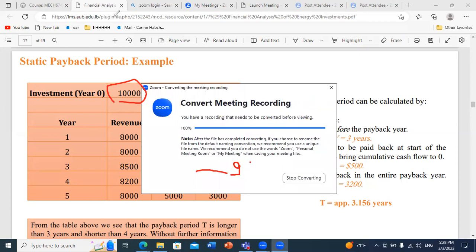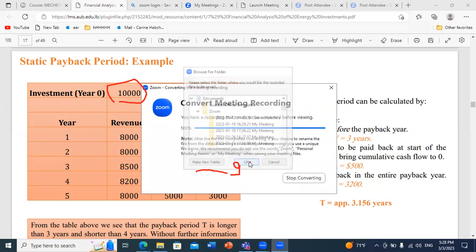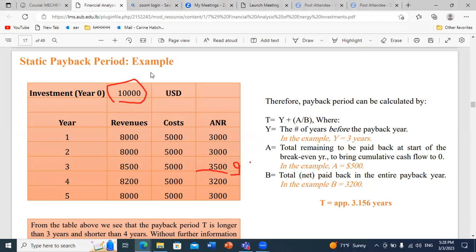So to pay back the initial investment, we just have $500 to reach 10,000. So we can consider then that A here is equal to $500. So A is equal to the investment minus the total net revenue at the end of year Y, which is just the year before the break even.